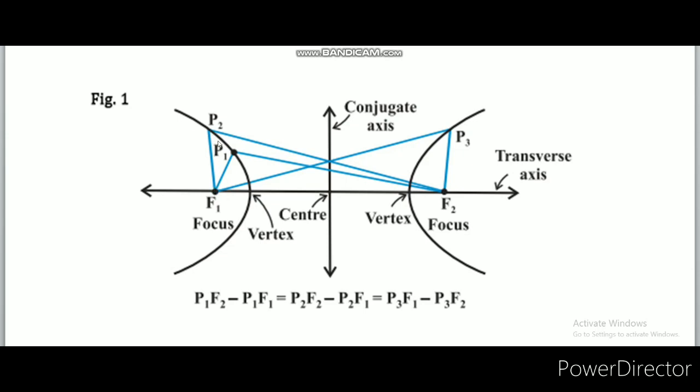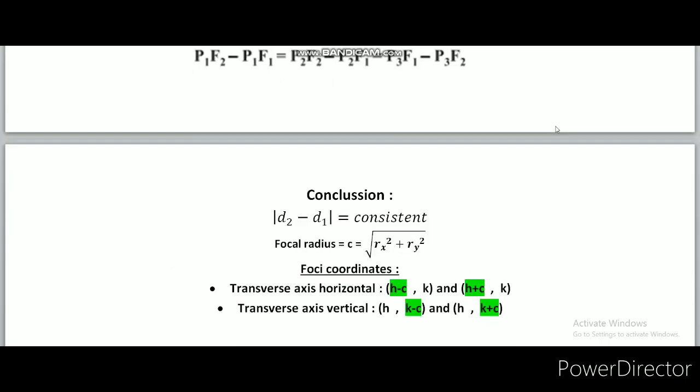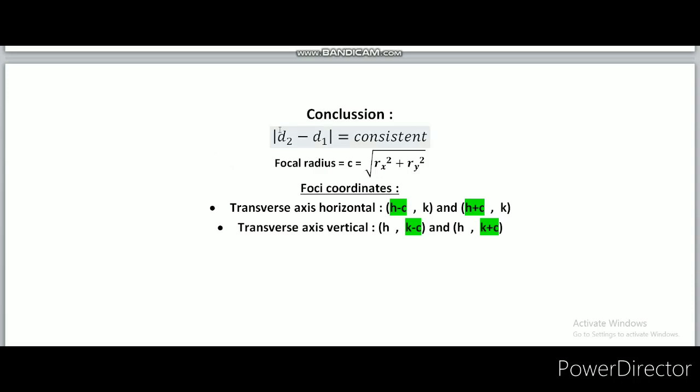The same with point 3: if I project a line from focus 1 and another line from focus 2 to the same point, the difference between D2 and D1 will be the same as the previous.